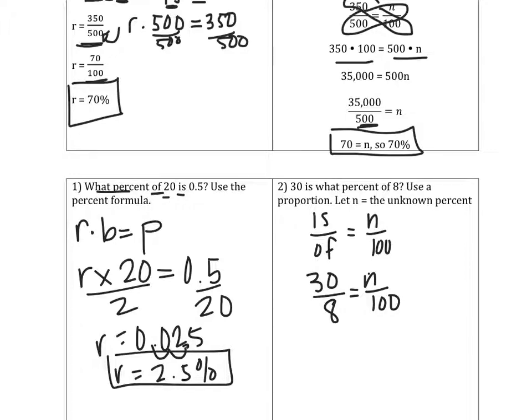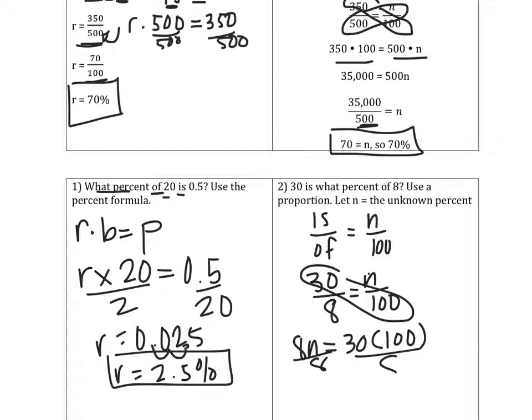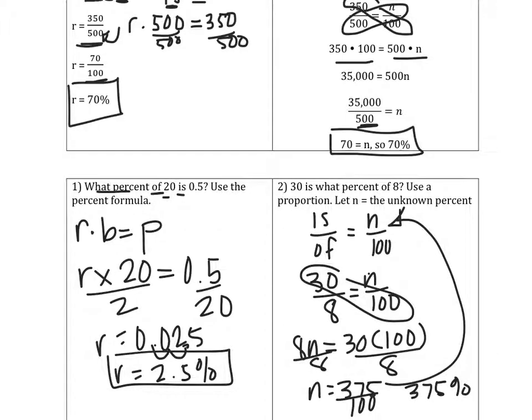Again, we cross multiply, and we have 8n equals 30 times 100. Divide both sides by 8, and we get n equals 375. So it will be 375 over 100, which would be 375%.